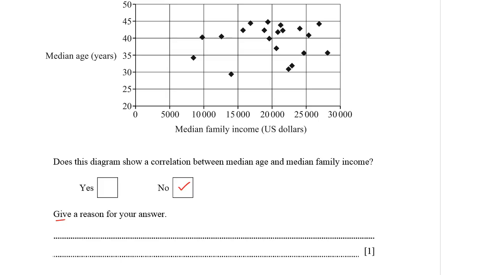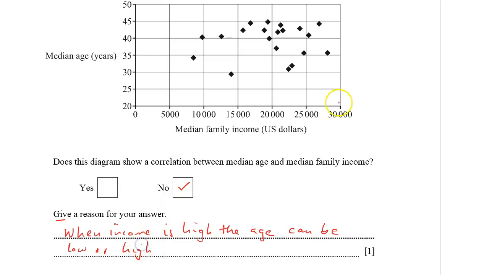We can basically explain this by saying that when income is high, like you can see around here, $30,000, the age can be low or high.